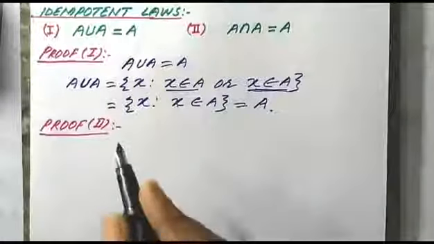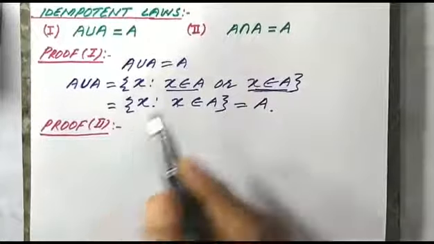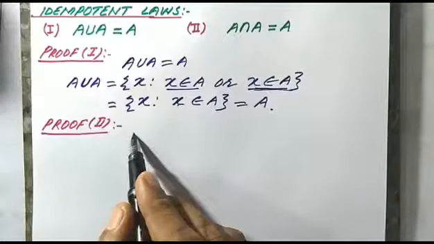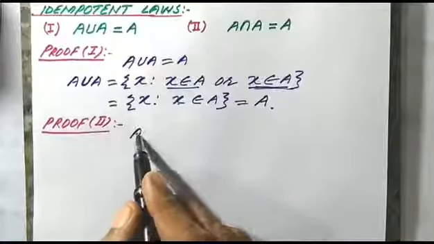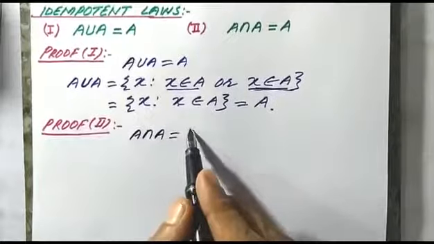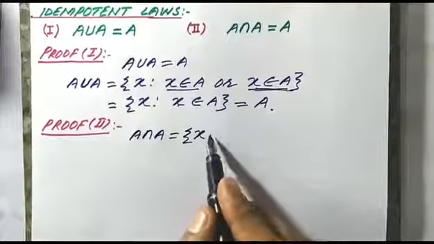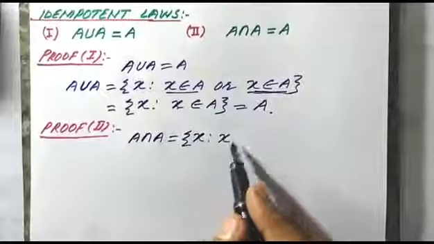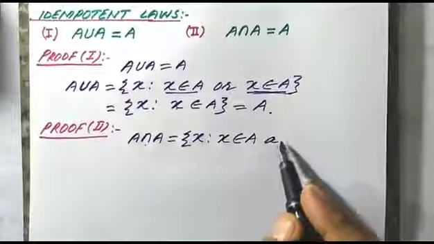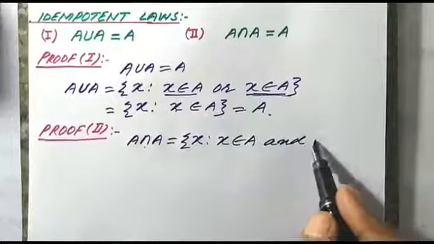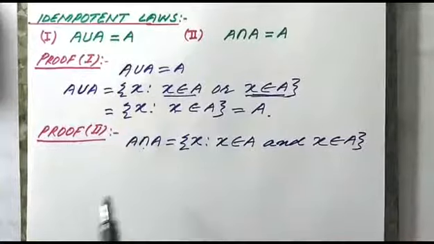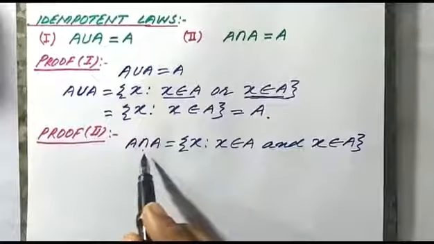Now let's prove the second idempotent law, that is A intersection A is equal to A. So by definition, A intersection A is a set of X such that X belongs to A and X belongs to A. For intersection we have to use the word and, because in intersection we take the common elements.